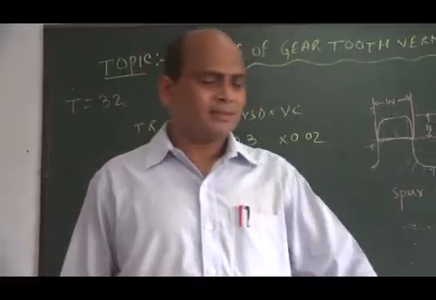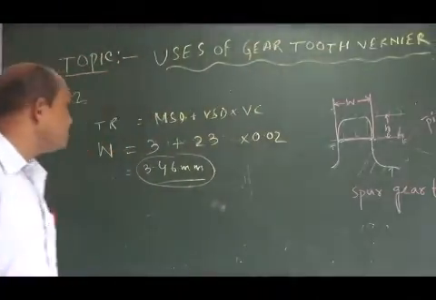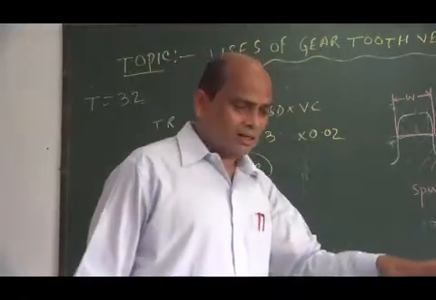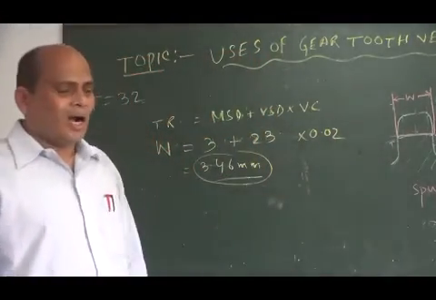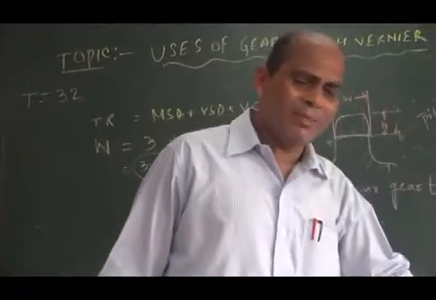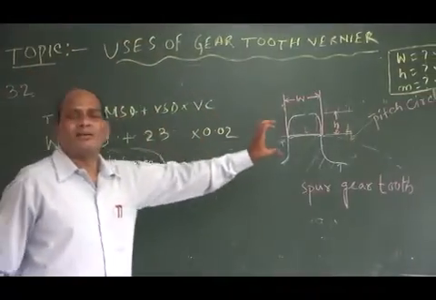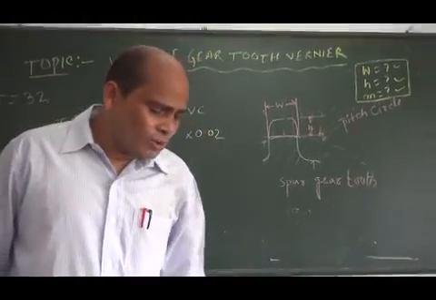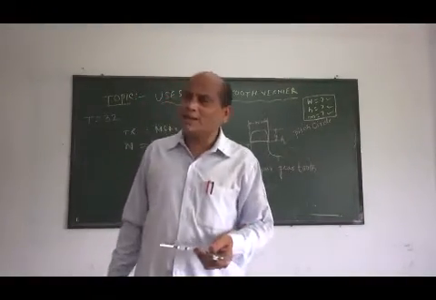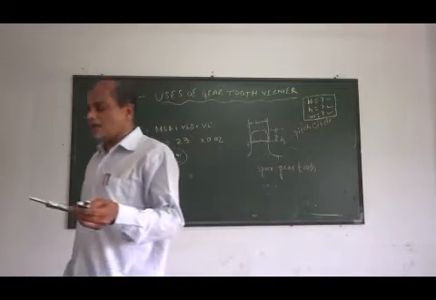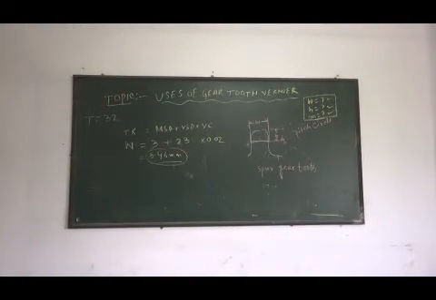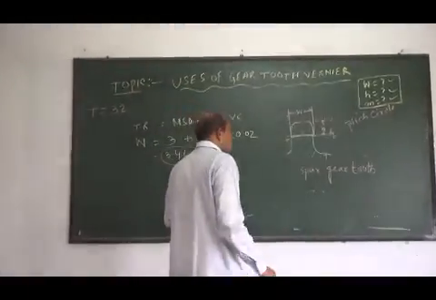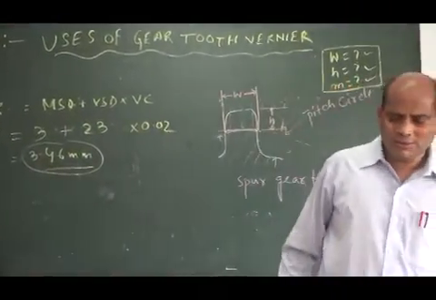Today we used a spur gear with 32 teeth, and you saw how we find the outside diameter, the module, the chordal addendum, and finally the width of the gear tooth, W. In this way we can use the gear tooth vernier to find various dimensions: the width at pitch circle diameter, chordal height, and module.